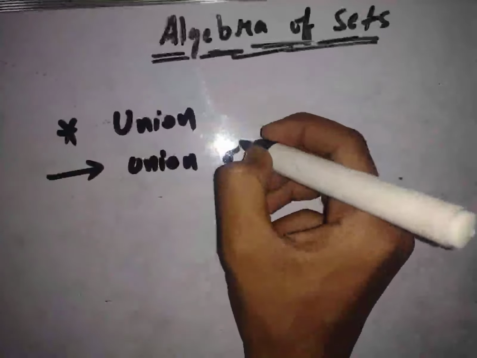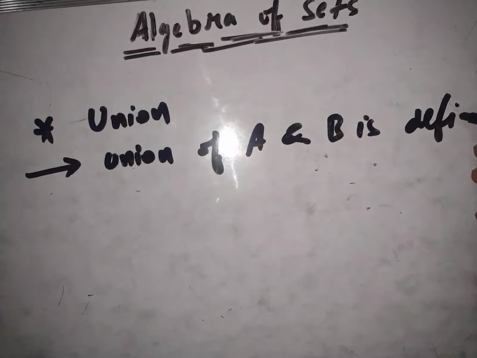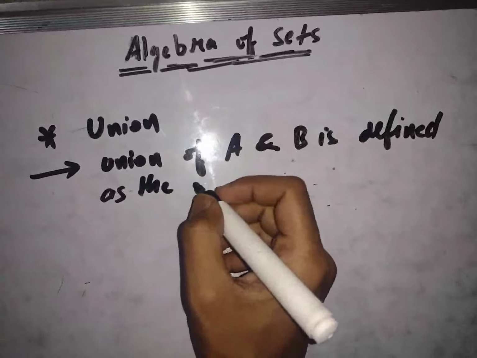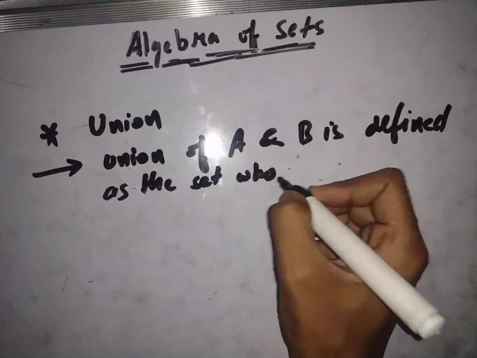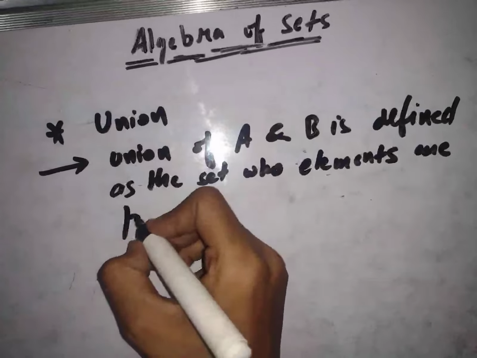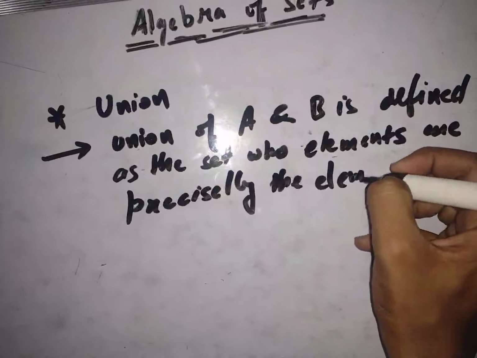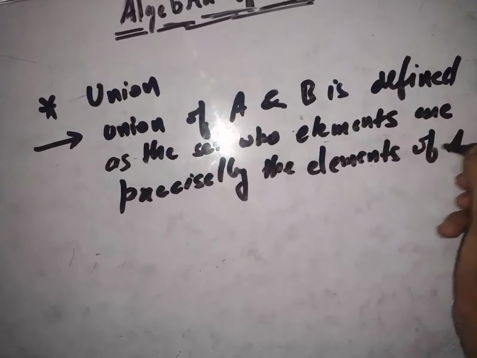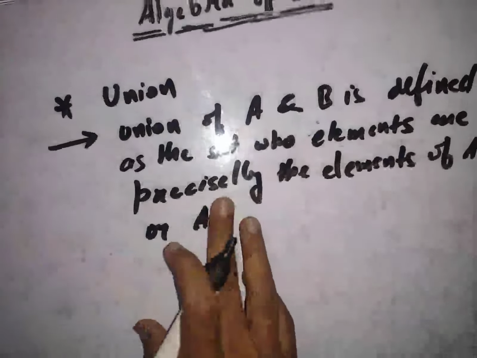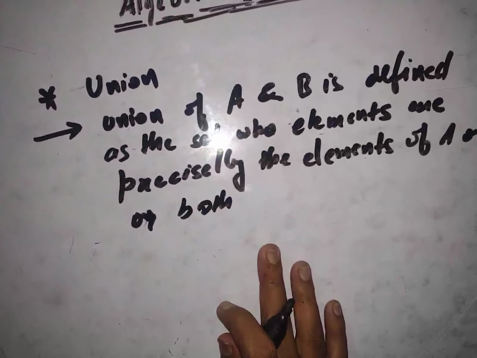Let's say union of A and B is defined as the set whose elements are precisely the elements of A or B or A and B. Instead of writing "and B" we can write "or both".